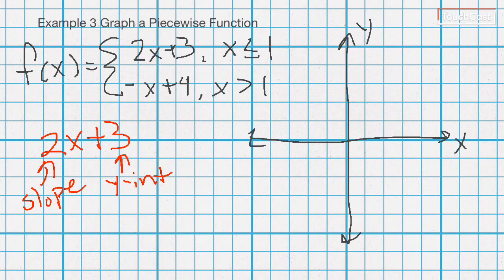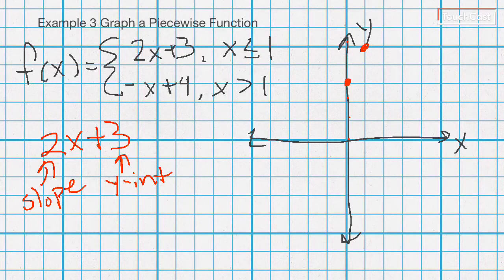Okay? So if we're graphing this, we're going to start at the origin and go up 3 units to our y-intercept and put a point there. From there we can utilize our slope. Our slope tells us we have to go up 2 y units and over 1 x unit.